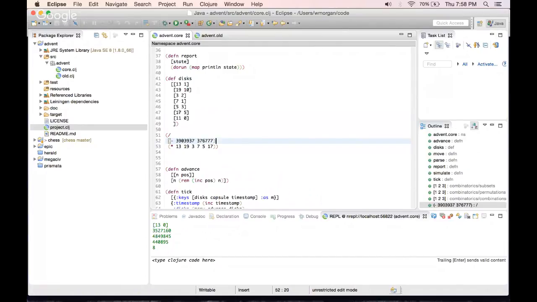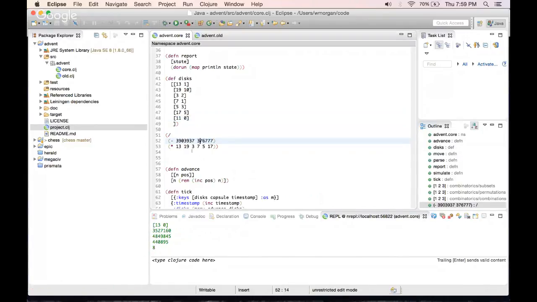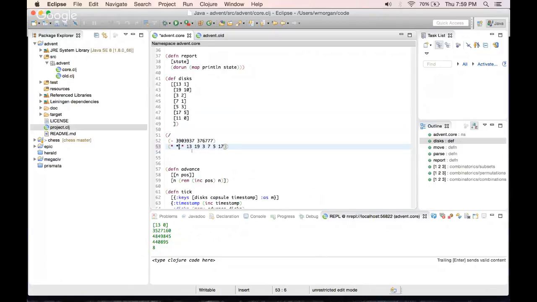So basically, what I could have done rather than simulate out the whole thing is figure out that I needed to advance this disk right here 8 steps, and then take my original answer and add to it 8 times this product. I wonder if the folks that solved it really fast figured that out.